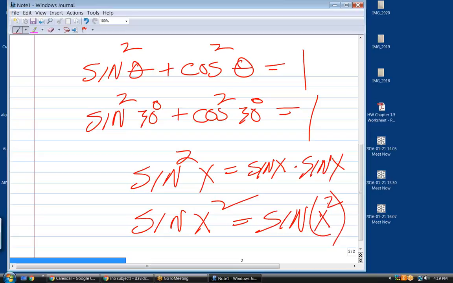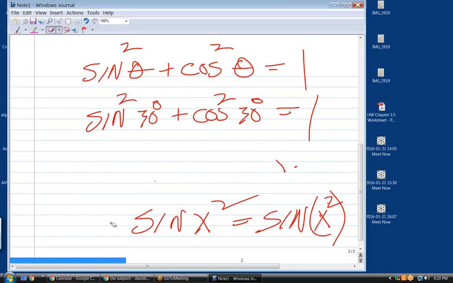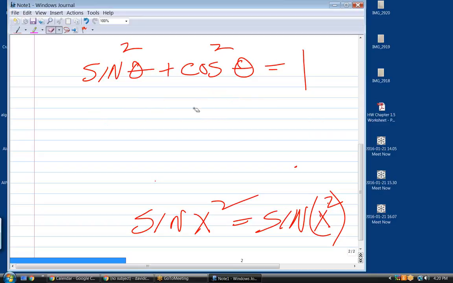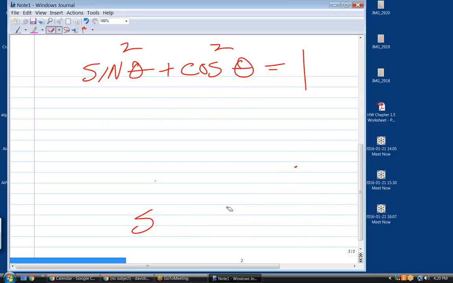Okay? So you don't see this one very often, but you see this a lot. There's a lot of sine squareds, cosine squareds, tangent squareds, all of that. So this is the most important identity, and that's the only one they're giving you in geometry class.